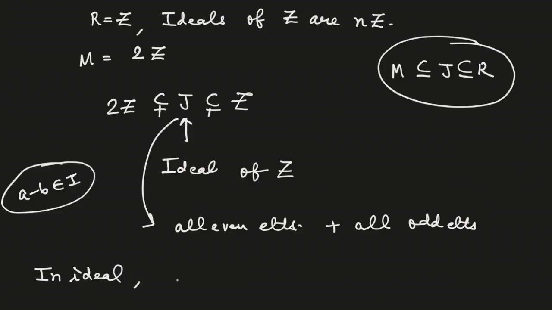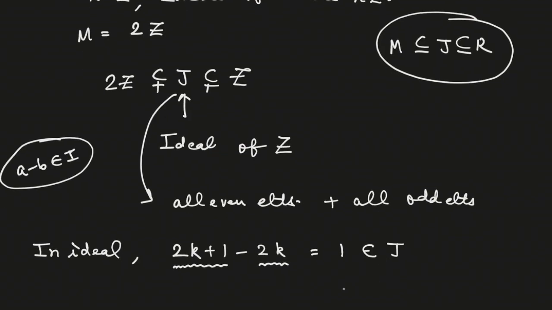So in ideal, 2k plus 1 minus 2k, means odd elements minus even elements, will be 1. And we know that if unity belongs to ideal, then ideal is equal to ring.